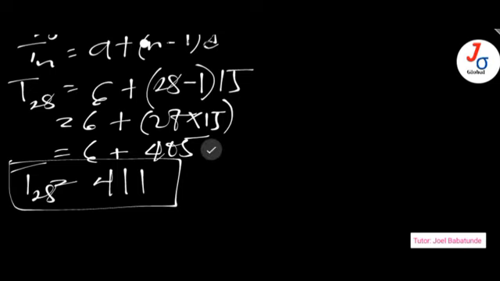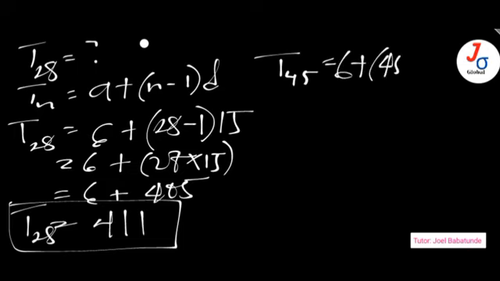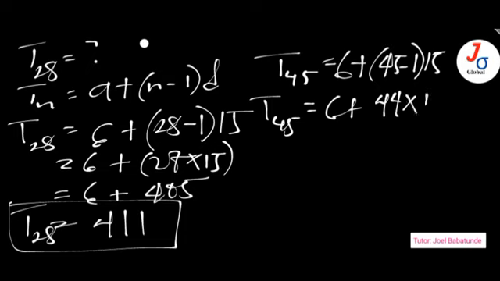All right, so let's calculate for T45, the 45th term. So using the same formula, our A is 6 plus 45 minus 1, then 15. Then you have T45 equals 6 plus 44 multiplied by 15, and that is actually 660.